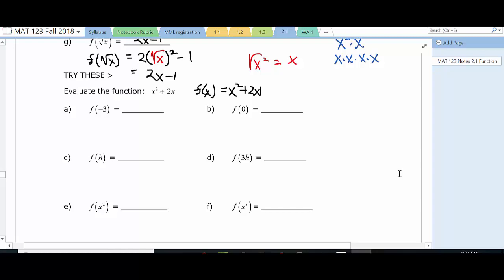Everybody's got a different answer on A. Everybody that I've looked at so far has a different answer. Now, you're doing that function, we're not on that function. You're doing f of x equals x squared plus 2x.